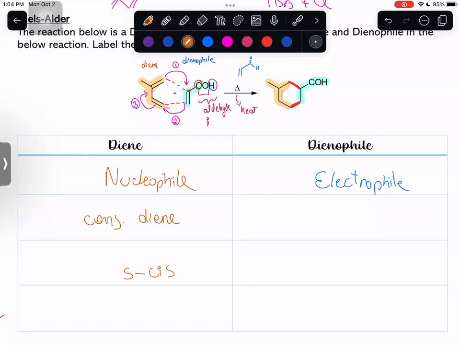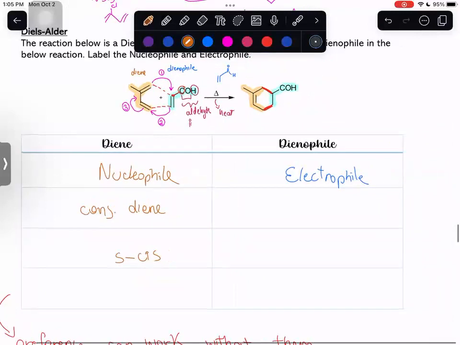Yeah, so for the S-cis conformation, they have to be pointing to the same side. Now, we know that because we have a single bond in between, we can rotate, we can alternate the conformations between S-trans and S-cis. So keep that in mind. If we see a diene in the S-trans conformation, can you rotate it and make it into the S-cis conformation? If that cannot happen, the reaction is just simply not going to proceed. So keep that in mind. It has to be in the S-cis conformation.